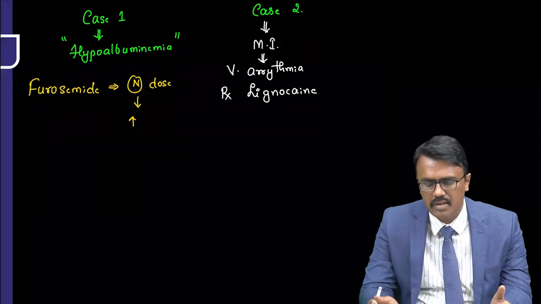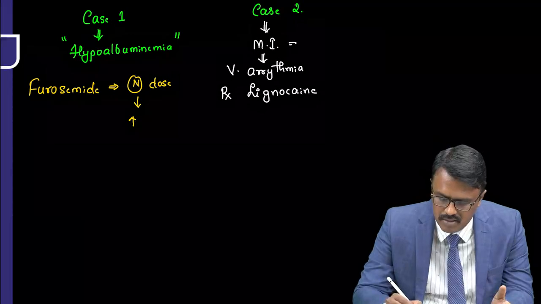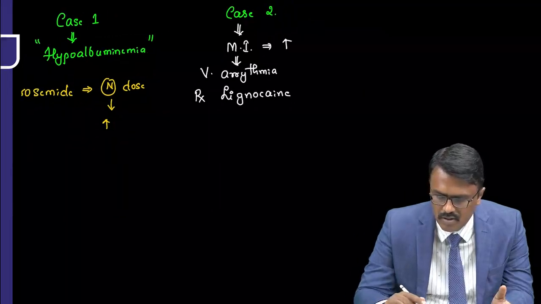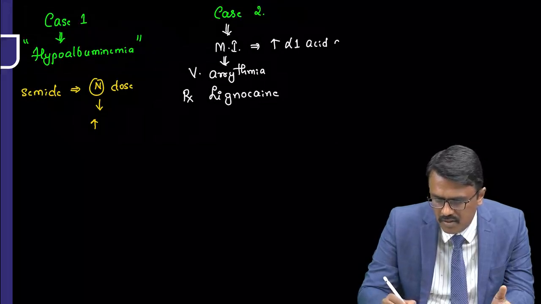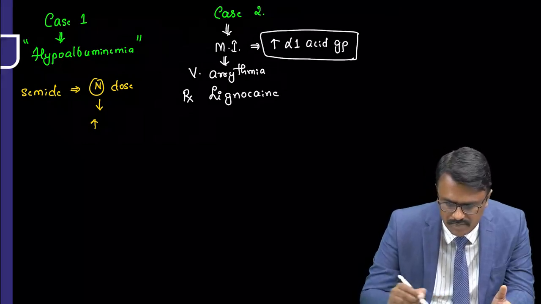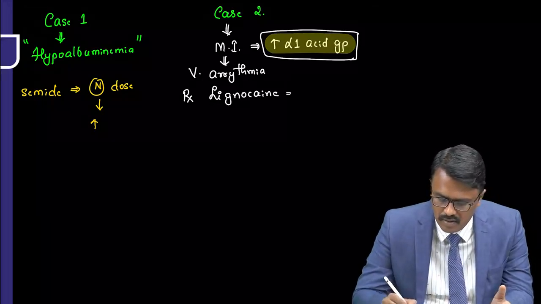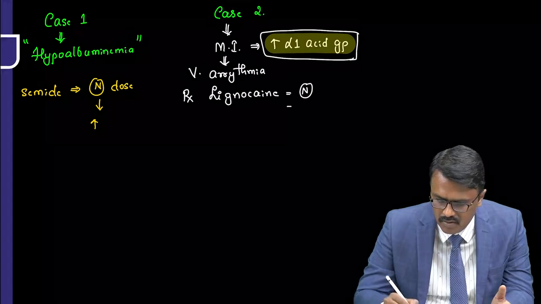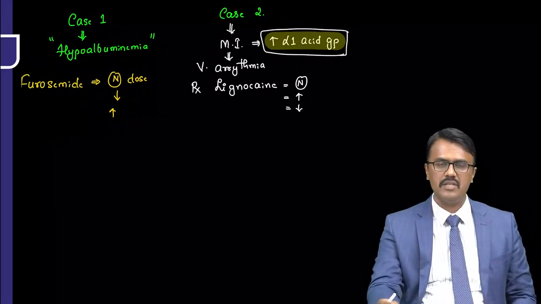So, a patient with MI with ventricular arrhythmia, the problem is any inflammatory conditions increase the production of alpha 1 acid-glycoprotein. So, in a patient with inflammatory conditions, the alpha 1 acid-glycoprotein level increases. So, the question here again is, will you give the normal dose of lignocaine in this case, or will you increase the dose or decrease the dose? These are all pharmacokinetic application parts. Pause the video and tell me.